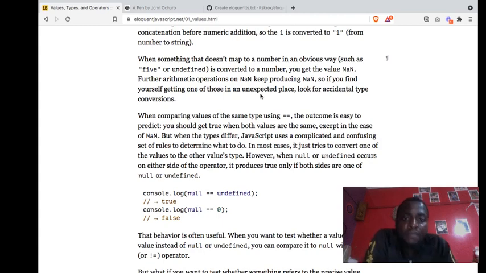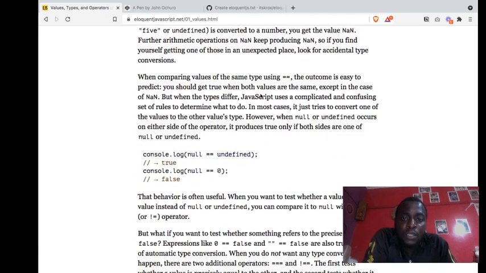When comparing values of the same type using ==, the outcome is easy to predict. You should get true when both values are the same, except in the case of not a number. But when the types differ, JavaScript uses a complicated and confusing set of rules to determine what to do. In most cases, it just tries to convert one of the values to the other value's type.